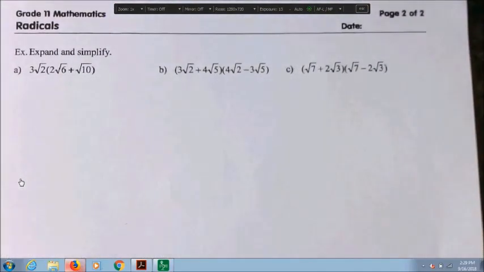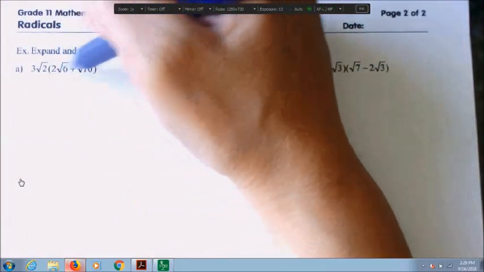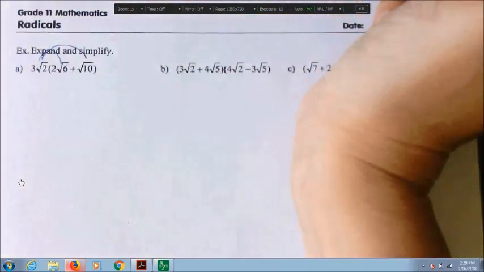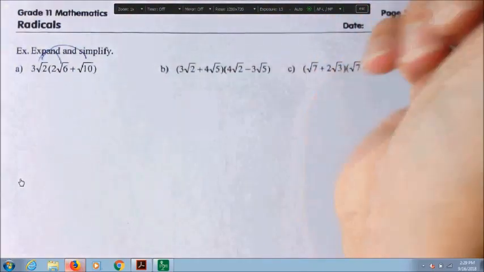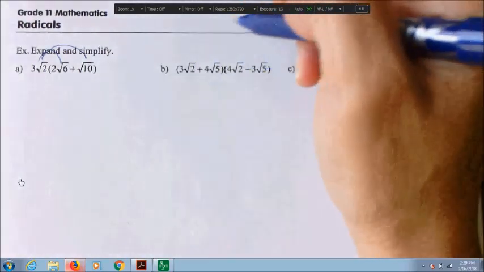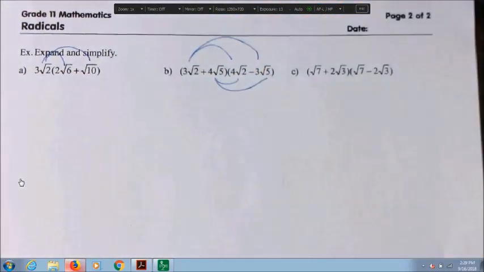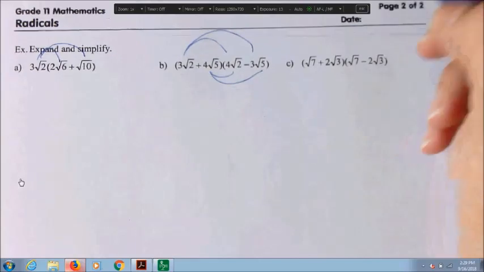So these are more complicated expressions, but they're really no different than just algebra. Take a look at this one over here. This is a mixed radical times a binomial. So all we're going to do is expand with distribution. This one over here is a binomial times another binomial, so we're going to use the expansion like with FOIL, like x plus y times x plus y.